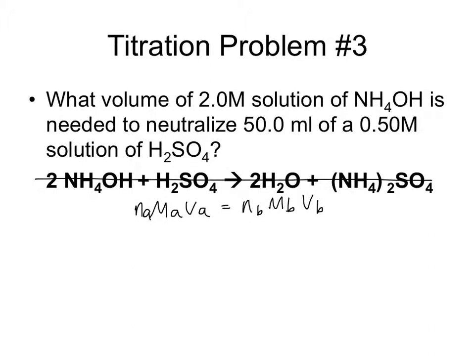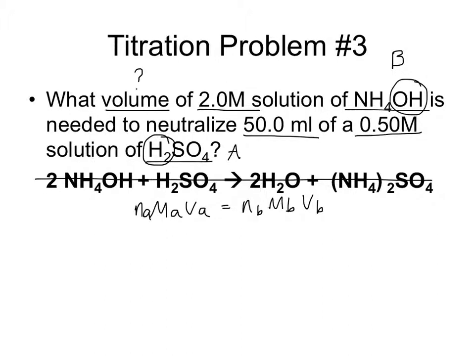If we look at the problem, you can see that this is the base. We know that because there is a hydroxide ion there, and they're giving you the concentration, and we're solving for the volume. And then it's being neutralized with, and they've given you a volume and a concentration, and then you can see this is your acid, and we know that because of the hydrogen ion sitting in front.